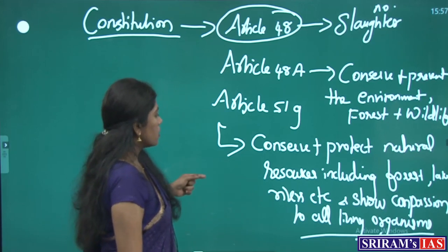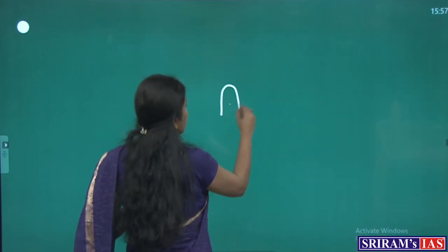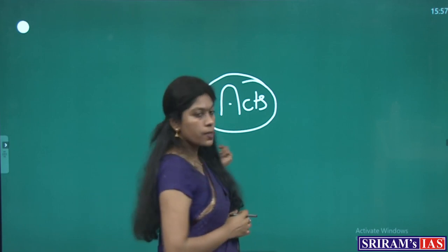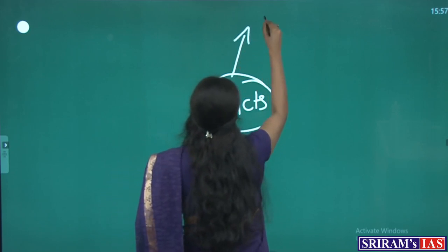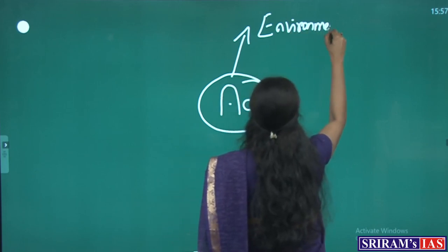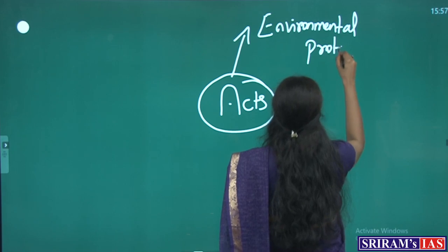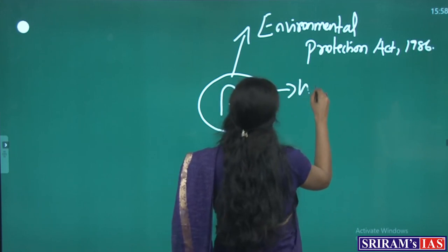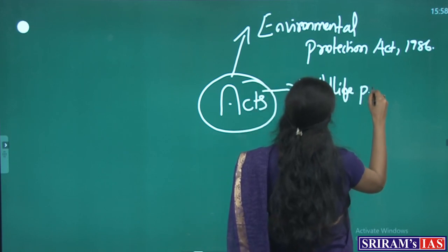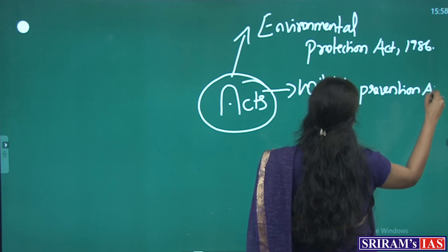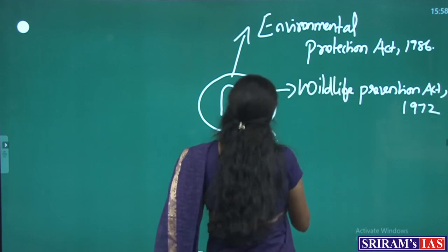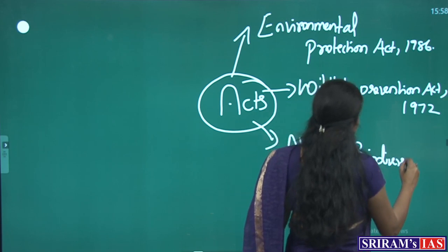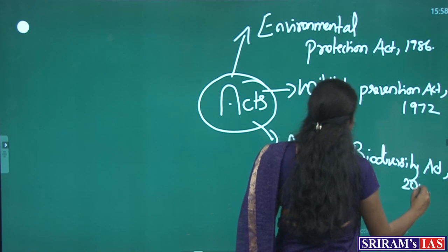Apart from this, we also have separate acts and international conventions to safeguard and protect the environment or prevent the issues happening in our environment, like the Environmental Protection Act. Only a few I am going to mention here. Environmental Protection Act 1986, Wildlife Prevention Act 1972, then National Biodiversity Act, biological diversity, 2002.